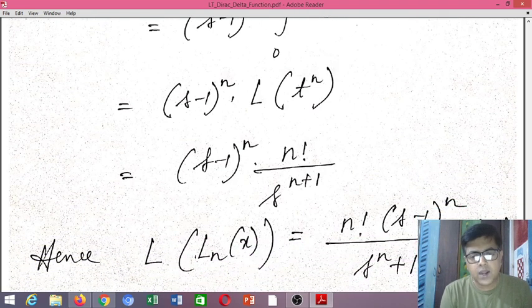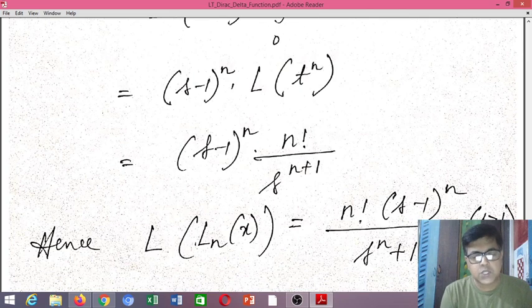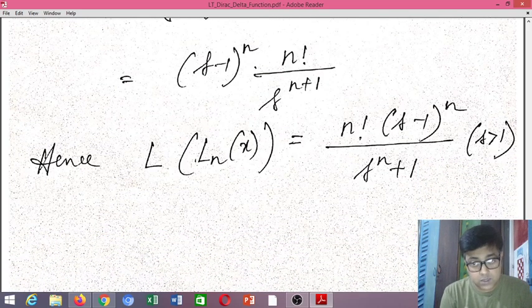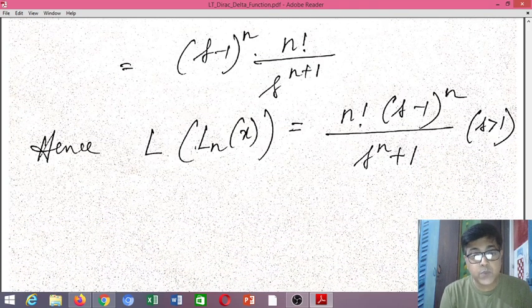So finally the Laplace transform of the Laguerre polynomial L_n(x) turns out to be n factorial into (s minus 1) to the power n divided by s to the power n plus 1. But mind it, s must be greater than 1, because if s is not greater than 1, this integral will not converge. It will diverge in that case.